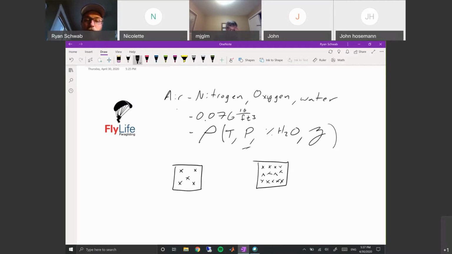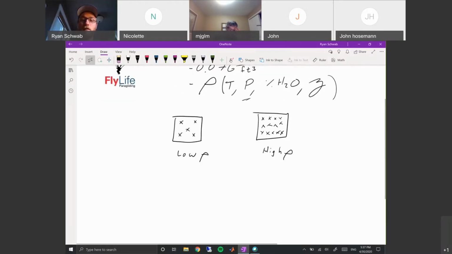So this would be considered a low density, while over here we'd be looking at a higher density. And now these are low and high relative to each other, not relative to any given standard. So if we talk about low density, high density, or low pressure and high pressure, that means relative to what's around it. It's low or high.